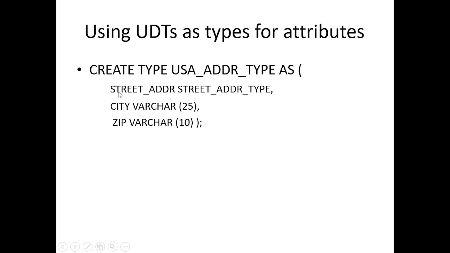Then here we have a UDT, USA_addr_type, and this can also in turn be used as the type for some other attributes. And if a UDT does not have any operations, it is possible to use the concept of row type.